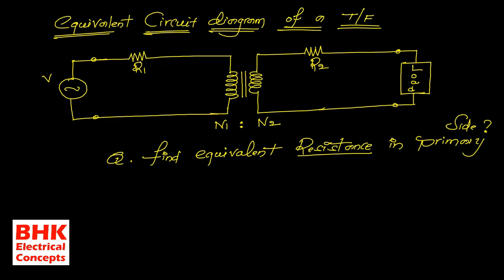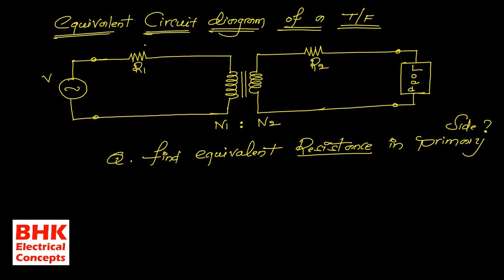This process we call referring. Referring means referring the value of R2 in the secondary side to the primary side, and whenever we refer or transfer the value of R2 from the secondary side to the primary side, we always divide by k square.